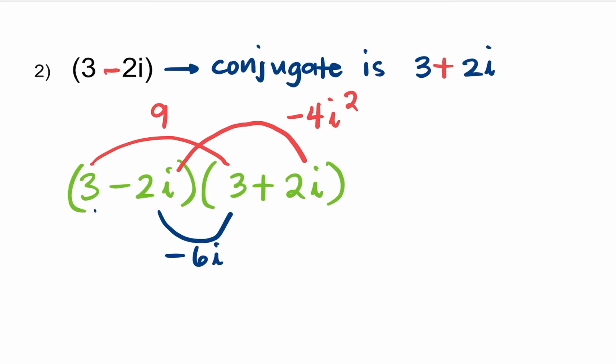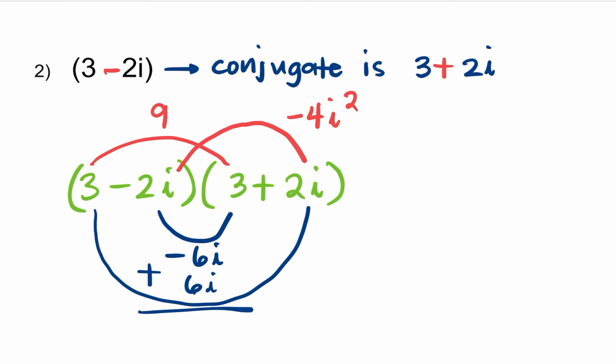And multiplying 3 times 2i makes positive 6i. This is addition. So negative 6i plus 6i, as you can see, this gets canceled out because this will be a 0i. So what do you guys notice?